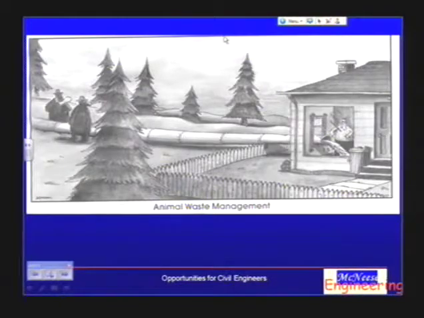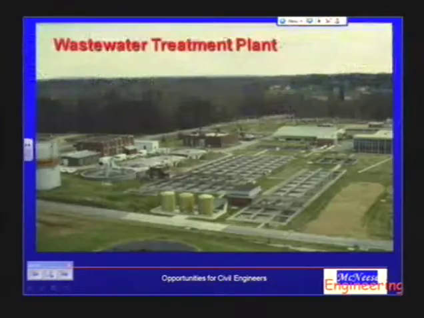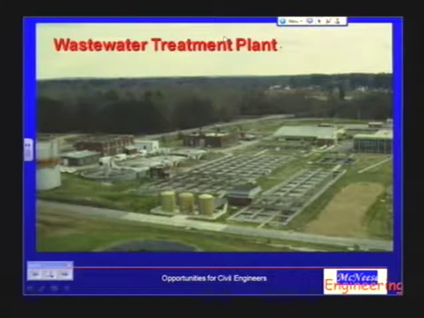But we've realized that we need to do a little bit better than we have done in the past, and so environmental engineers are tackling that challenge. And so we have huge wastewater treatment plants, where a lot of times the water that comes out of these wastewater treatment plants is cleaner than the water that they pull into the water treatment plant.